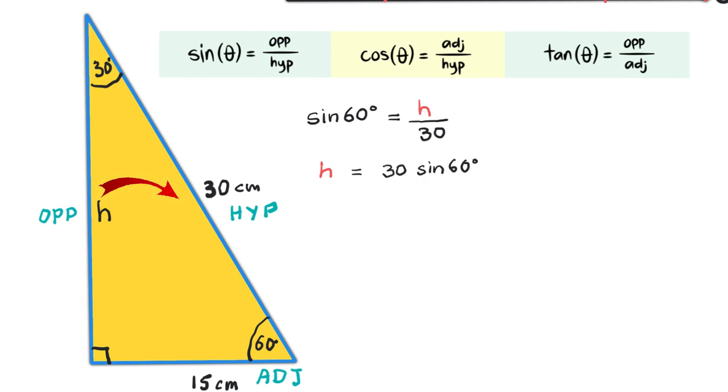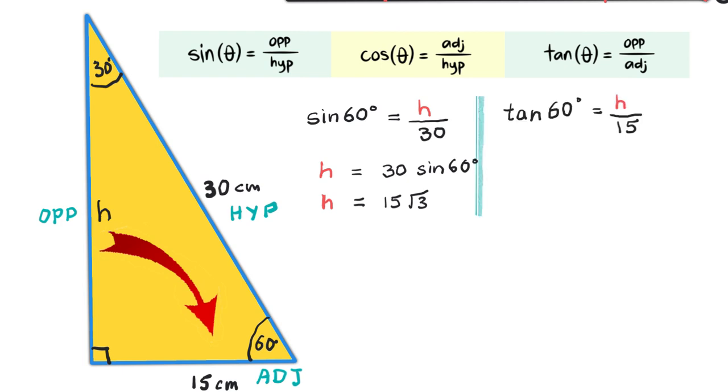Using the calculator, make sure you've got it in degrees, not radians. This will equal 15√3. This is the exact value. Now we could also use the ratio opposite over the adjacent. In that case, we would be using tan theta. That's still 60 degrees.